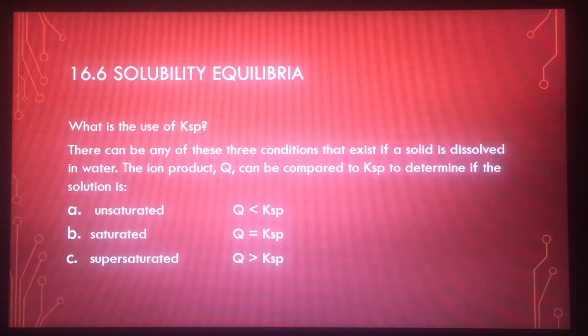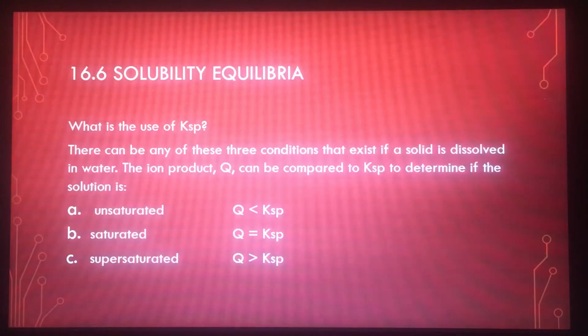If Q, the ion product, is smaller than the KSP value, we have an unsaturated solution. In an unsaturated solution, we can still put solids, and the solids will be dissolved in the solution.